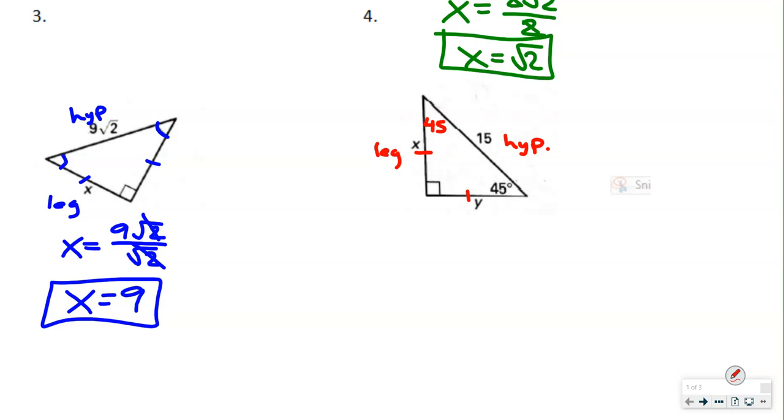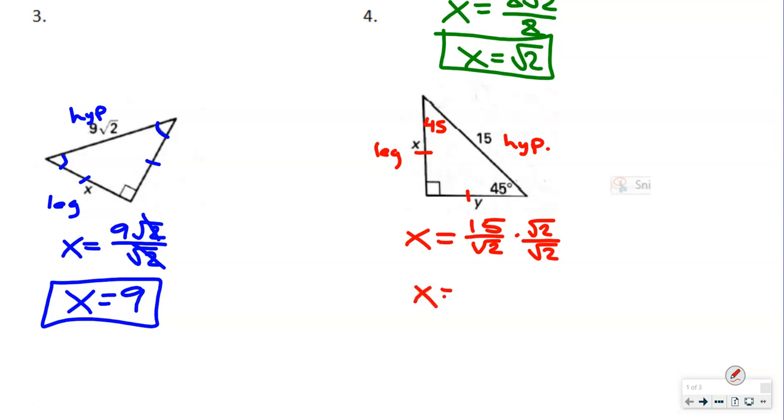And when we know the hypotenuse and we're looking for the leg, we need to divide by the square root of 2. X will equal 15 divided by the square root of 2. Since we've got a square root sign in the denominator, we need to multiply top and bottom by that. So square root of 2 over square root of 2.